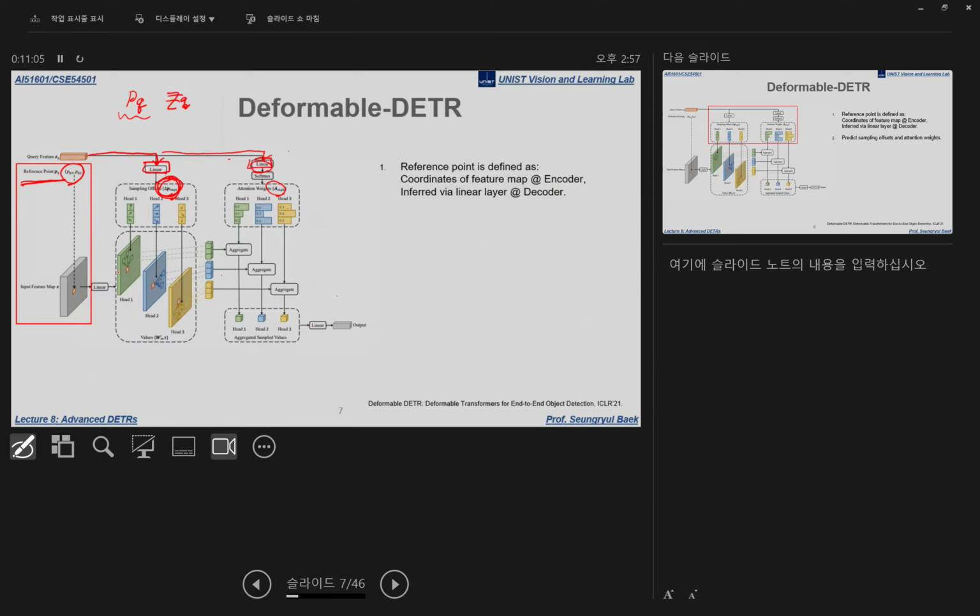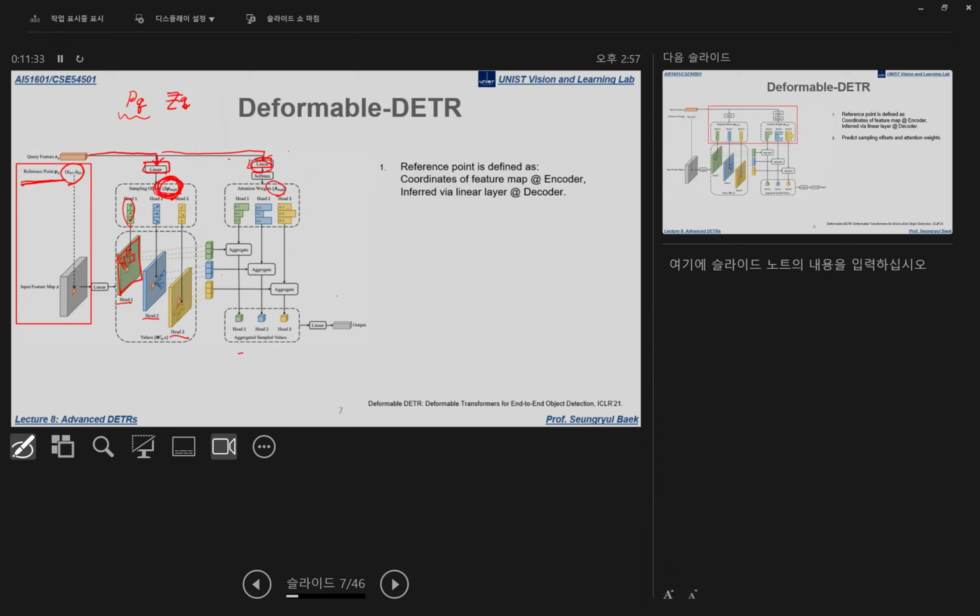In this 2D feature map, this was the reference point, but by applying this delta p_mqk in multiple heads, delta p is obtained differently for each head, and we can get the value features. We can select 3 to 5 value features by applying this delta p.